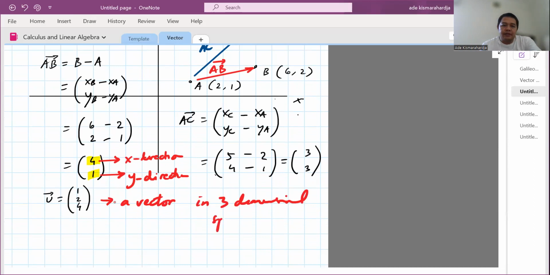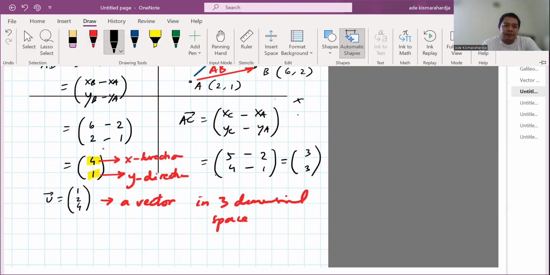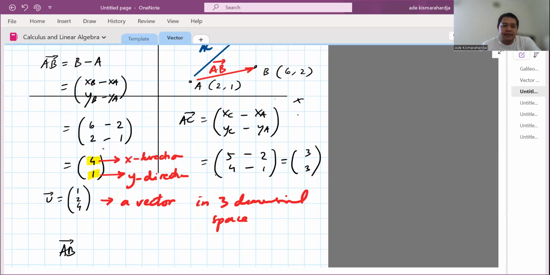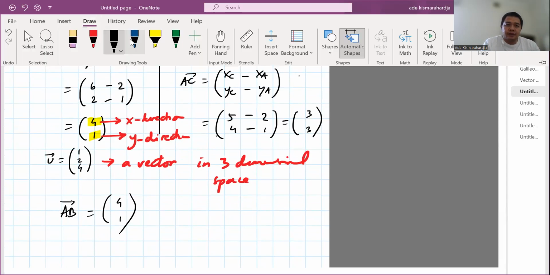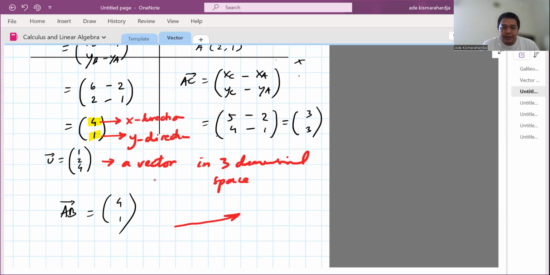Now, let's suppose you have a vector in 2-dimensional space. So, for example, we have AB, and it is (4, 1). What does it mean? So this vector has 4 horizontal components and then 1 vertical component. So as you know, when you got AB before, the vector was like this.